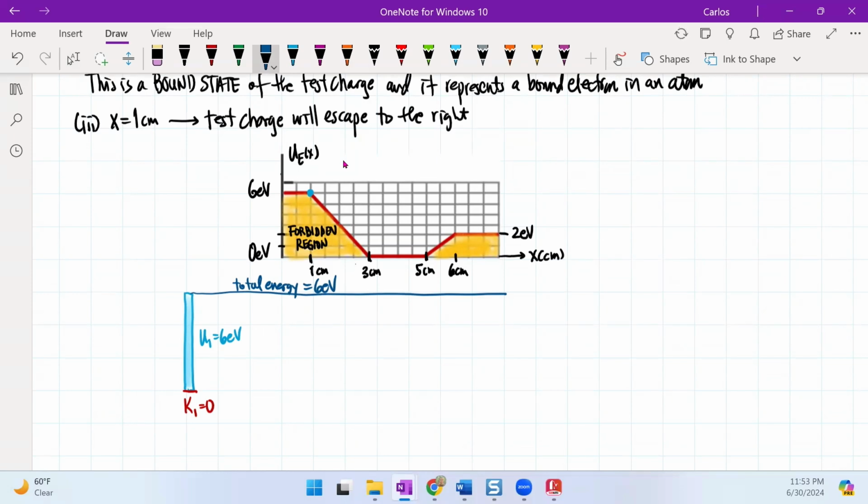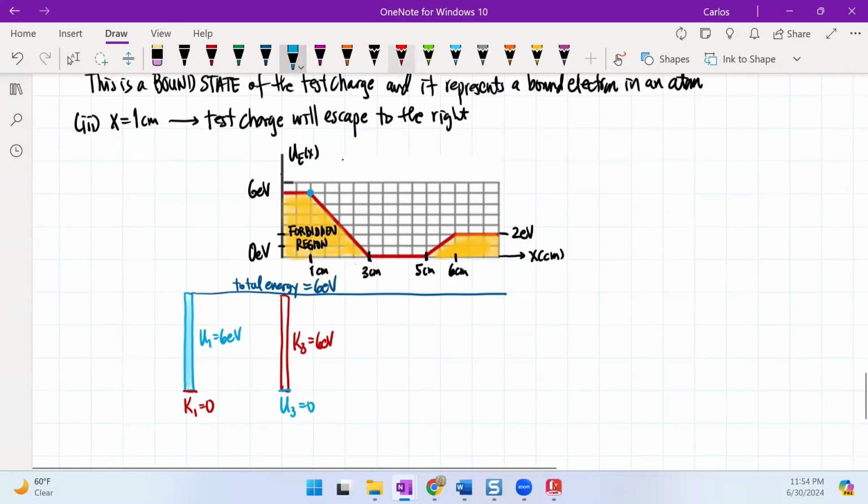So now we can just move very quickly. If I go to point 3, it all got transferred into kinetic energy at K3. And in this case here, I'm going to have 6 electron volts, while having 0 potential energy.